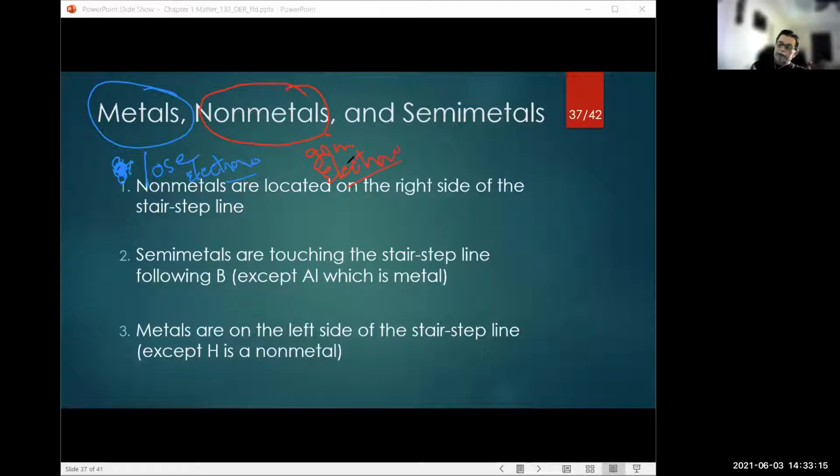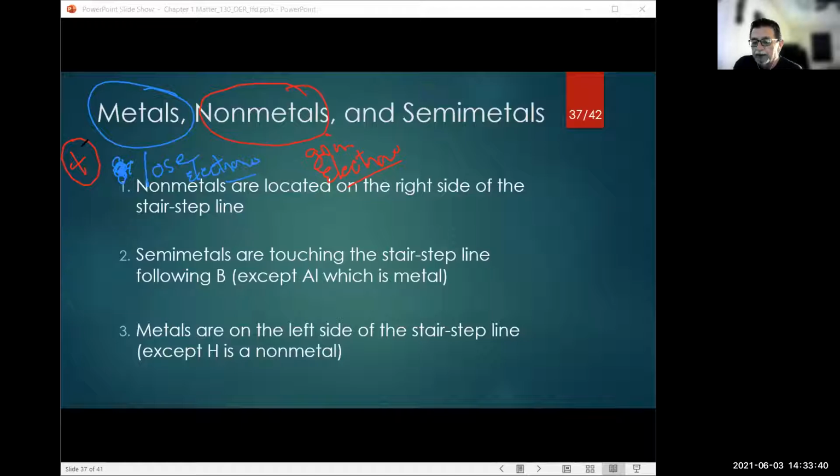Okay. That's important because we have to first identify if it's a metal. If it's a metal, then what do we know? We know that it's going to lose electrons. If it loses electrons, guess what? It's going to end up with a positive charge. Why? Because electrons are negative. And you lose negativity, you become positive.